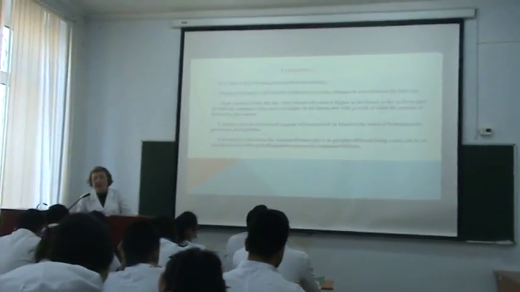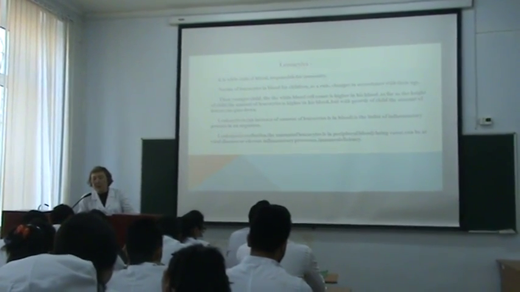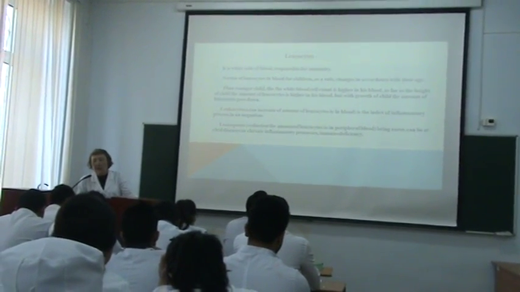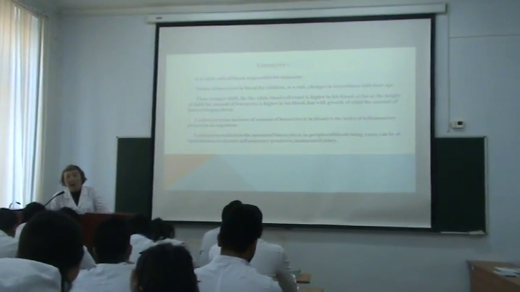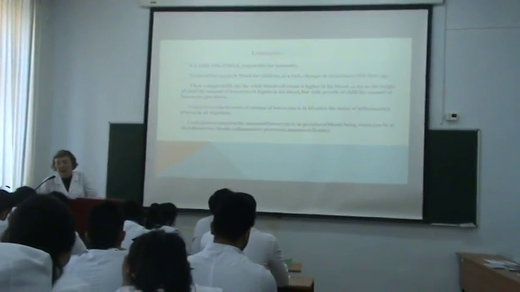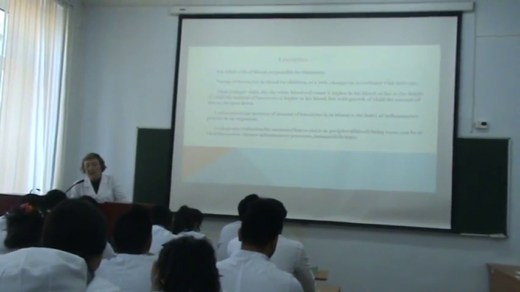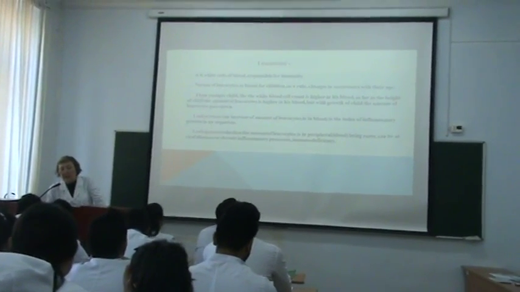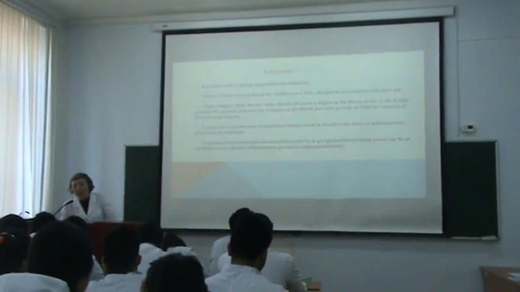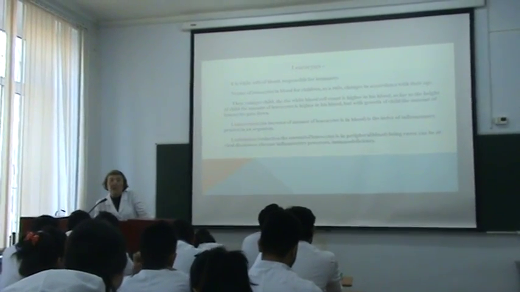The norm of leukocytes of blood for children as a rule changes in accordance with their age. The younger the child, the higher the white blood cell count in his blood. But with growth of the child, the amount of leukocytes goes down.